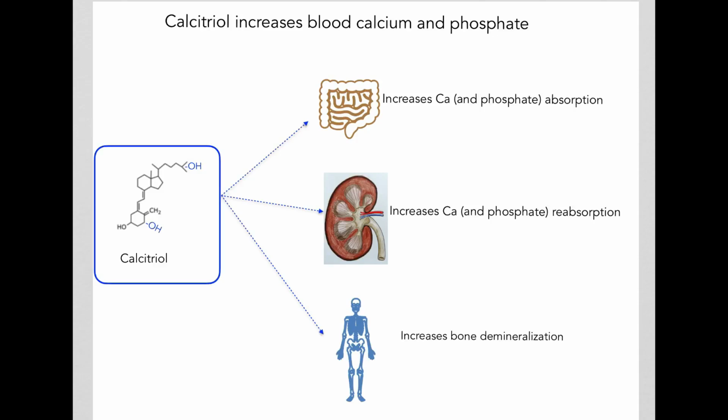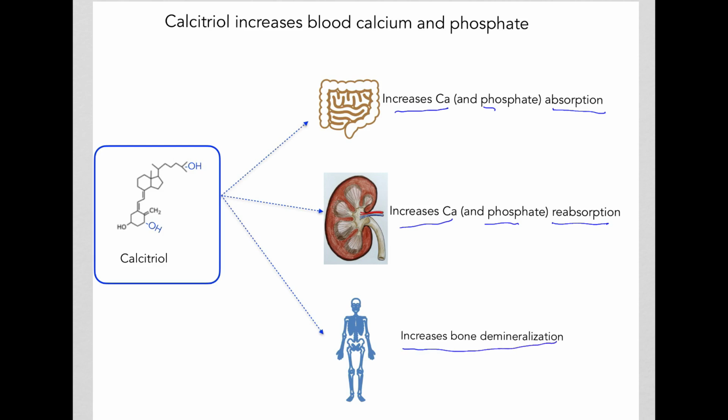So with respect to blood calcium, what does calcitriol do? It increases calcium as well as phosphate absorption from the GI tract, from the intestine. It increases calcium as well as phosphate reabsorption from the kidneys, and it also increases bone demineralization.